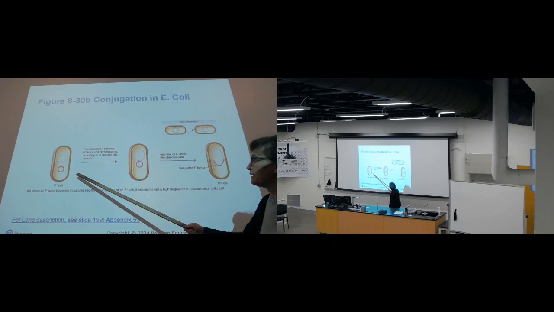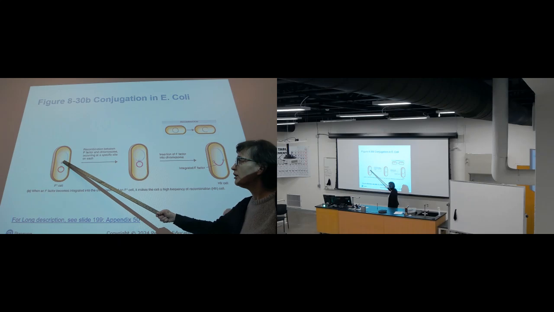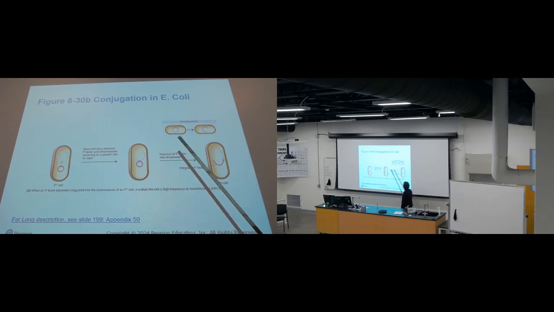And sometimes this F factor can become part of this chromosomal DNA, and you will have a high frequency recombination cell.